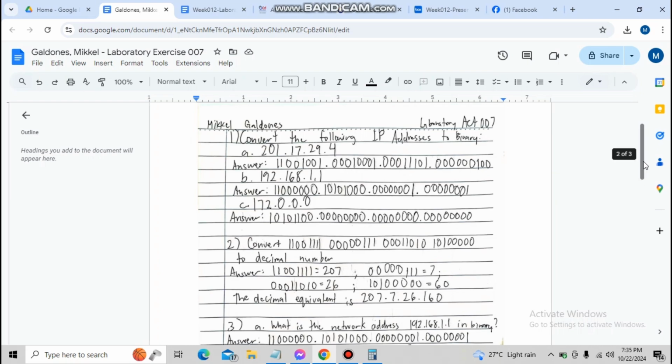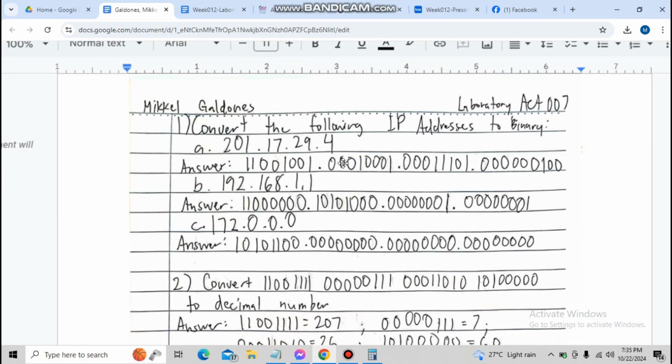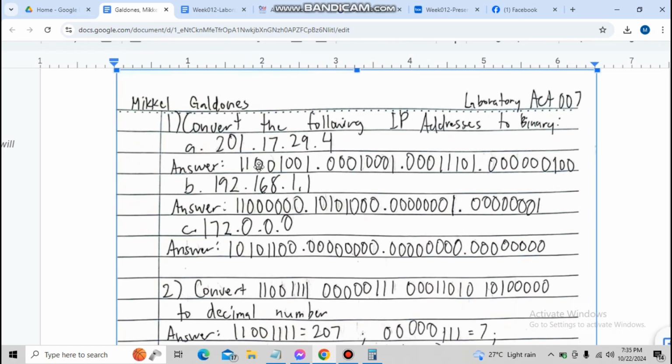So the first item asks us to convert the IP address 201.17.29.4 into binary. So how does that work? A binary number is composed of eight digits, which may only read 0 or 1. If it reads 1, that means it is true.